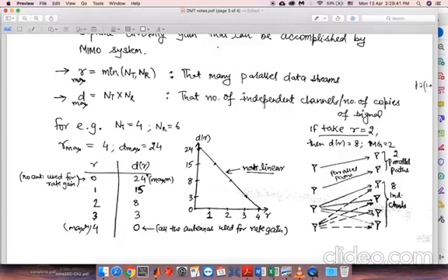At R equals to 2, what would be the D? 8. It means 8 independent channels, right? So the third antenna and the fourth antenna make 8 channels with the rest of the 4 receivers. This will provide us the diversity gain.